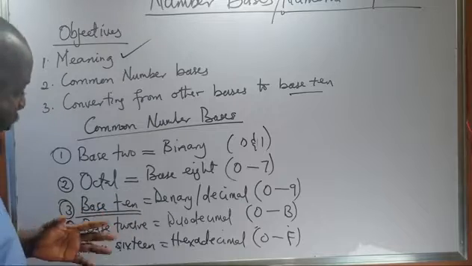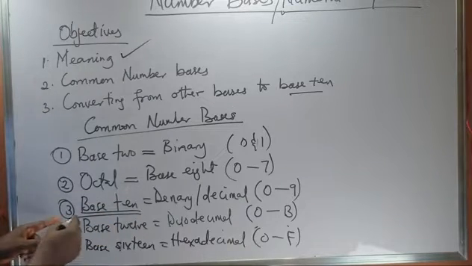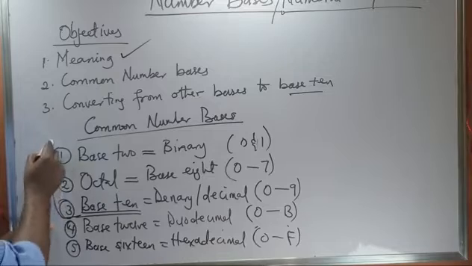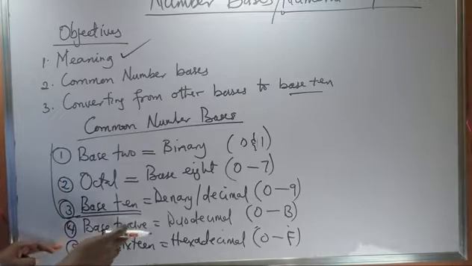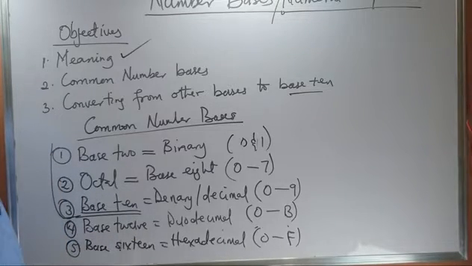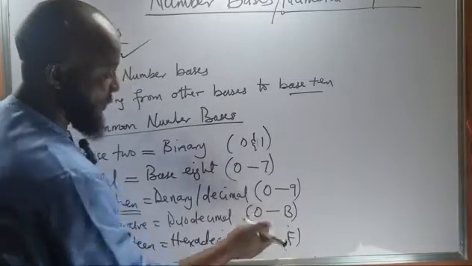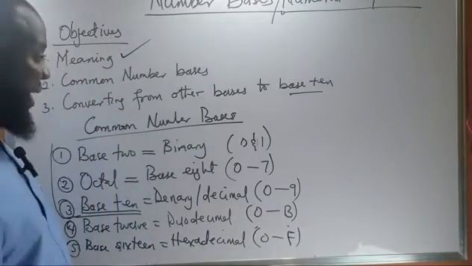But I need to dwell much on this aspect after base 10. So I want to dwell much on base 12 and base 16. You can see that we have letters here. We have B here, we have F here. Why is that?